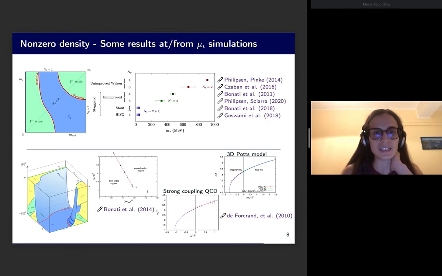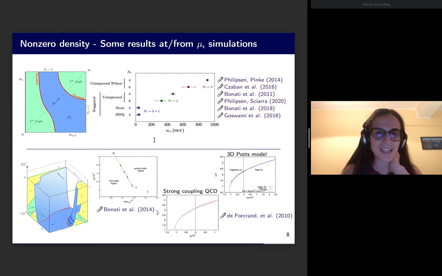So the N tau, which tells us how far away we are from the continuum limit, but also different fermion discretizations like Wilson or staggered, and within staggered, even improved and unimproved, are providing very different results. So it might be cheaper than at mu equals 0, but it is still a lot of work, and there are no continuum extrapolated results.